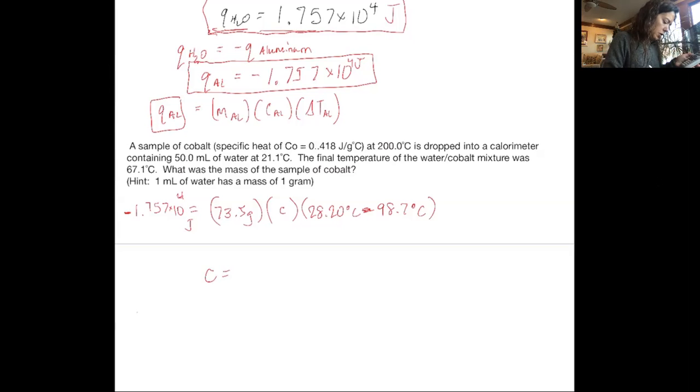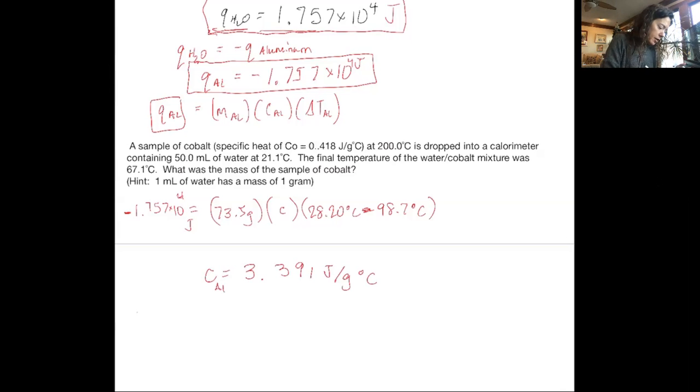All right, it looks like we have a specific heat of 3.391 joules per gram degrees Celsius. Right? So that's the specific heat of aluminum.